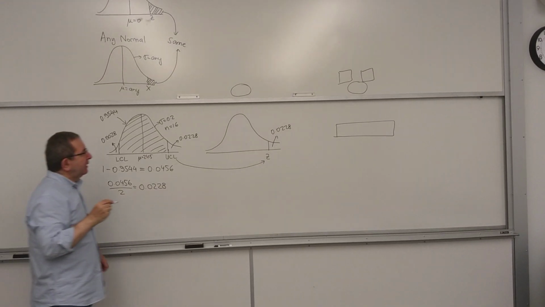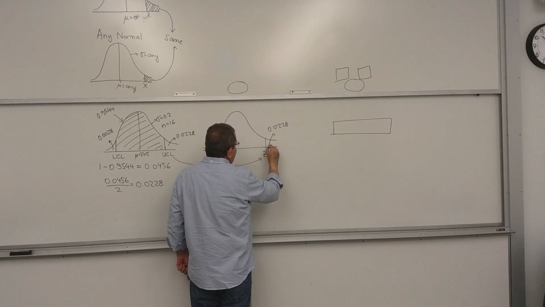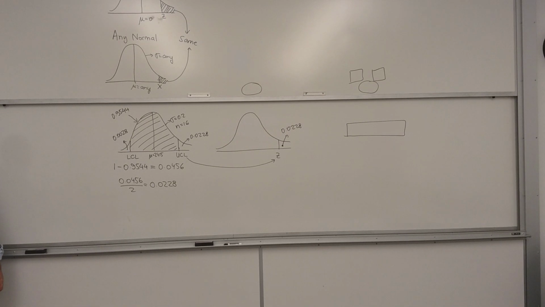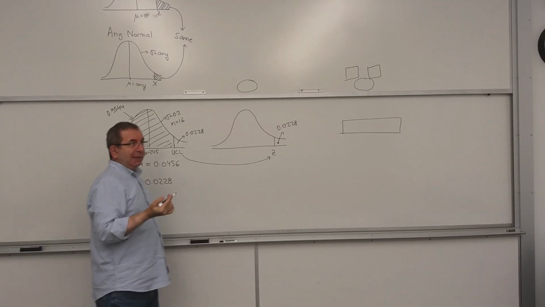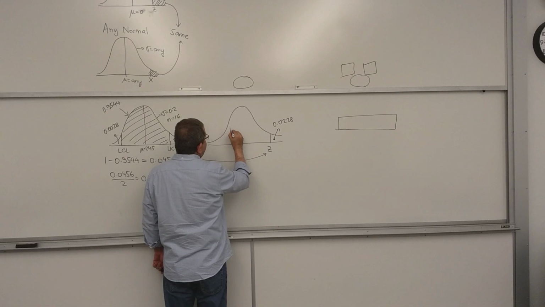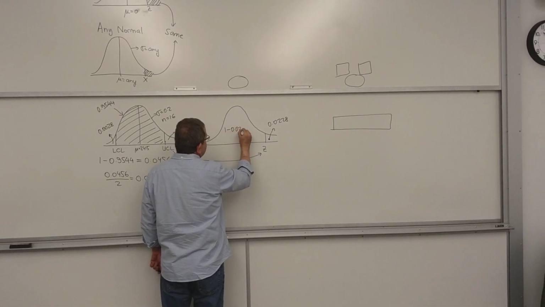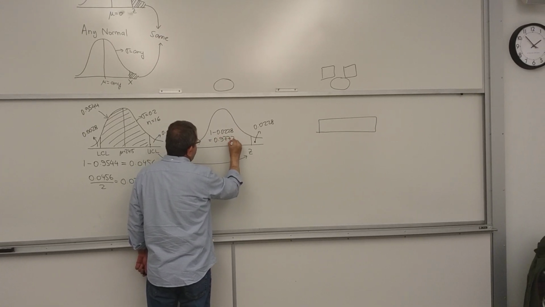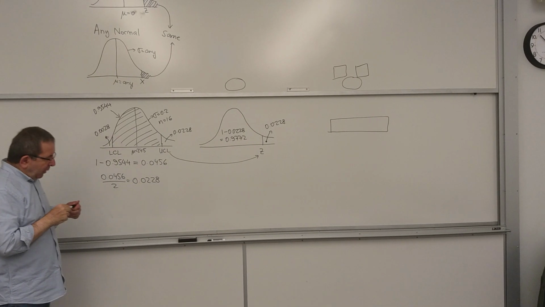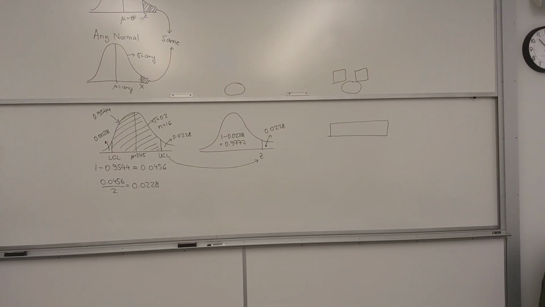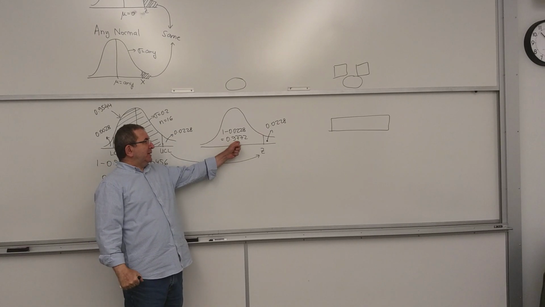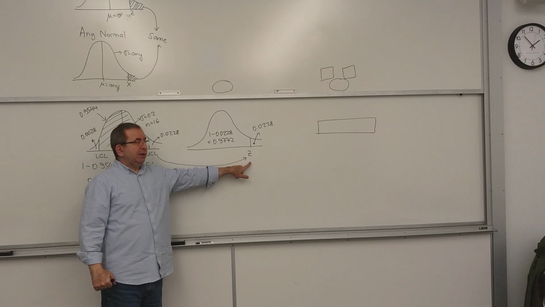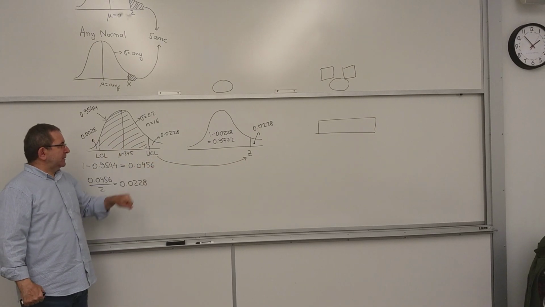So the standard normal table does not give us the tail probability. It gives us the belly probability. So the belly probability will be 1 minus this. Okay. So the belly probability will be 0.9772 for this particular z, which corresponds to our upper limit.